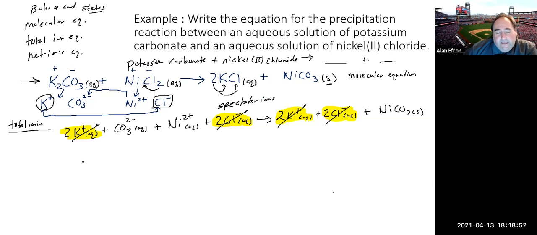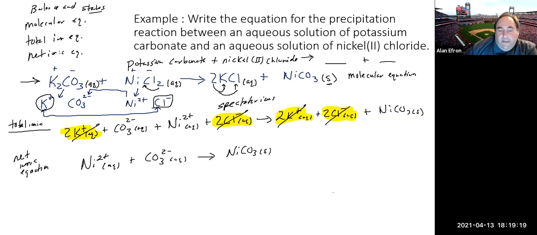And now we can get to our net ionic equation, which is pretty much what is left over. So basically what happens in this reaction is the nickel ion goes and finds some carbonate ion, and it makes a solid of nickel 2 carbonate over here. And this is our net ionic equation. Any questions on that one there?